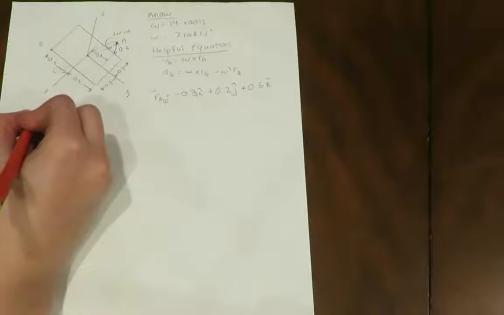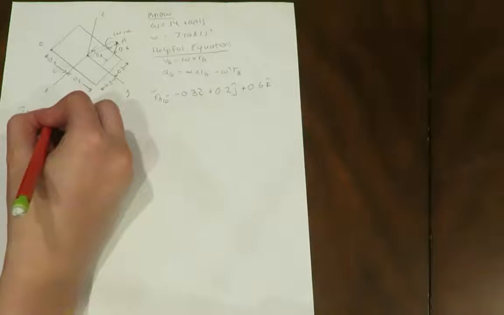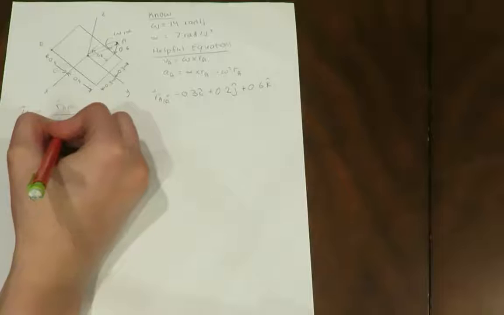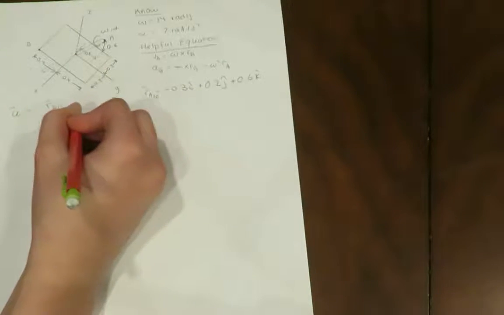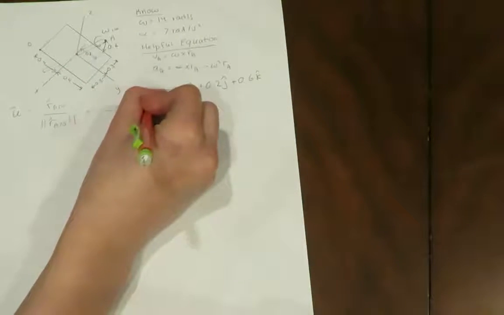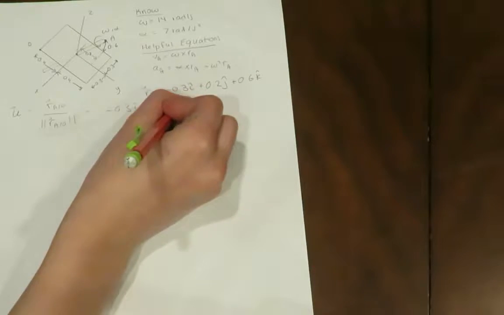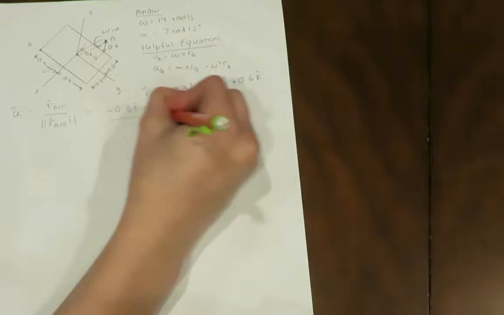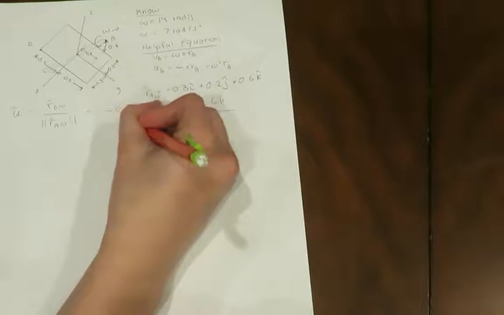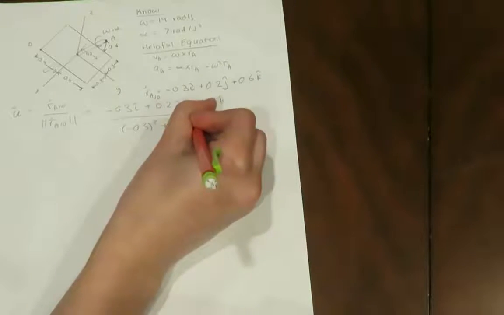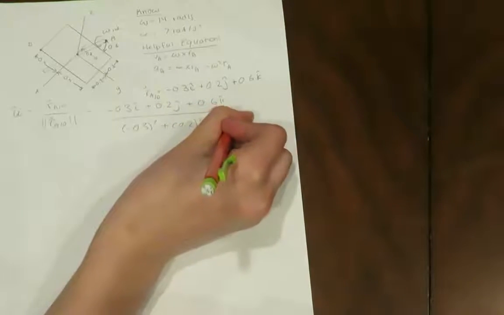So our unit vector is r_A divided by the magnitude of r_A, and that gives us negative 0.3 i hat plus 0.2 j hat plus 0.6 k hat, all divided by this lovely long square root term.